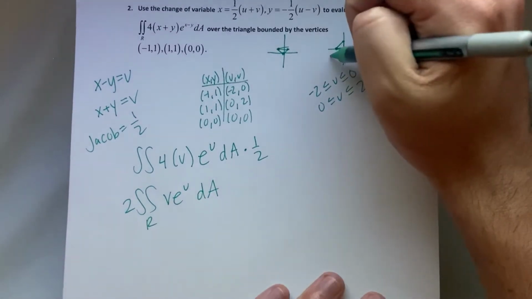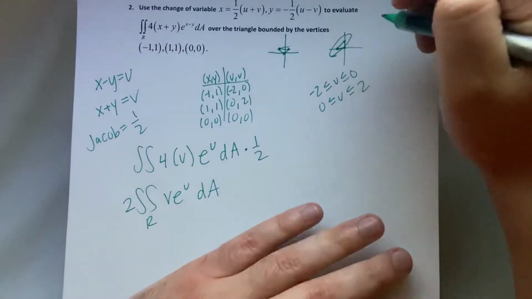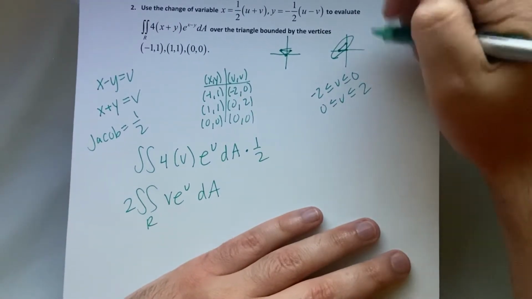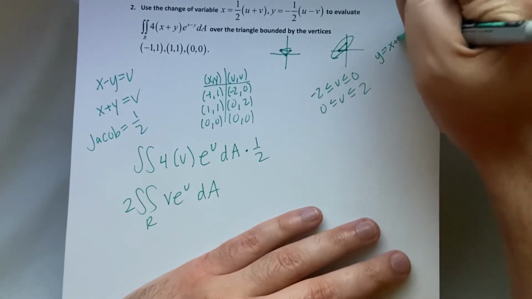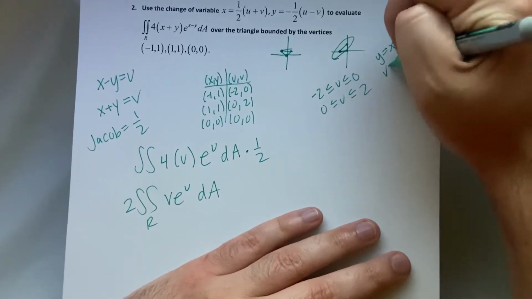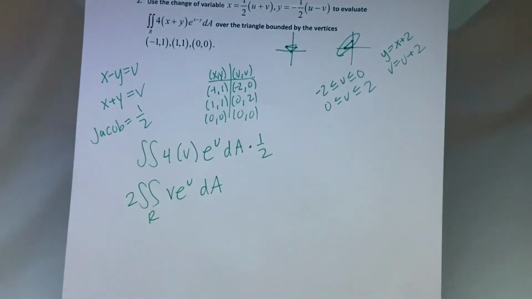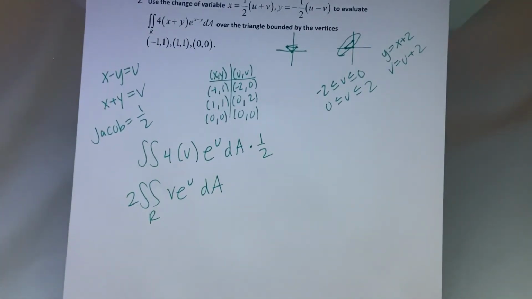Looking at this line here, this would be the line y equals x plus 2, but in this case it's v equals u plus 2, because this is a uv graph. So that means v goes from, instead of 0 to 2, 0 to u plus 2.